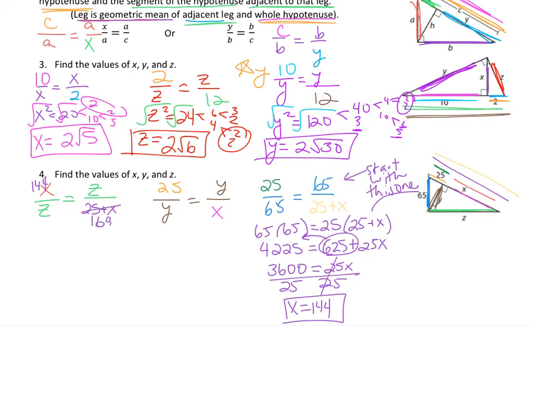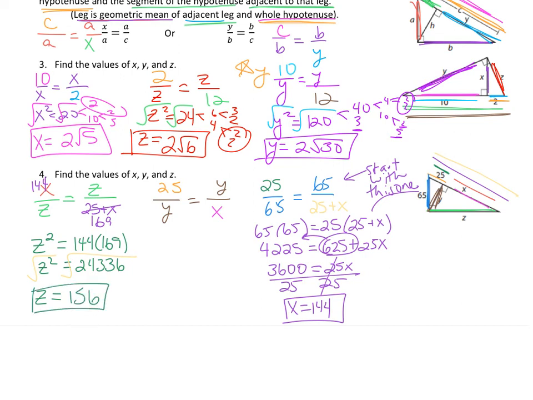Now we can go back over here to the z's, and we can cross multiply for those. So we'd have z squared equals 144 times 169, and we get 24,336. To undo our squared, remember we have to take the square root, and that is a perfect square, and it comes out exactly at 156.